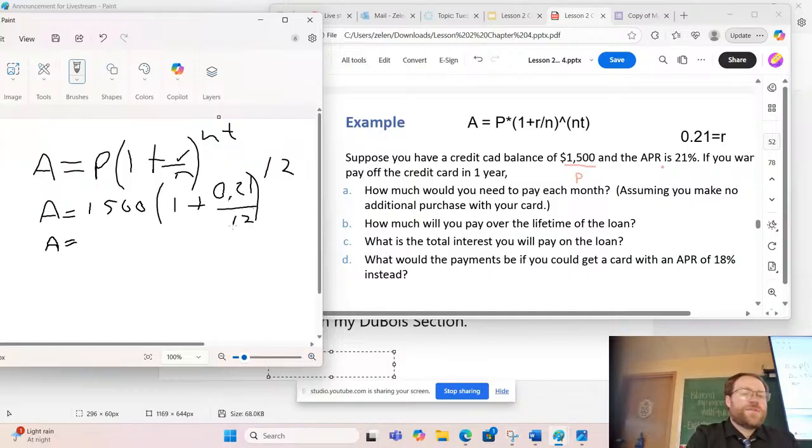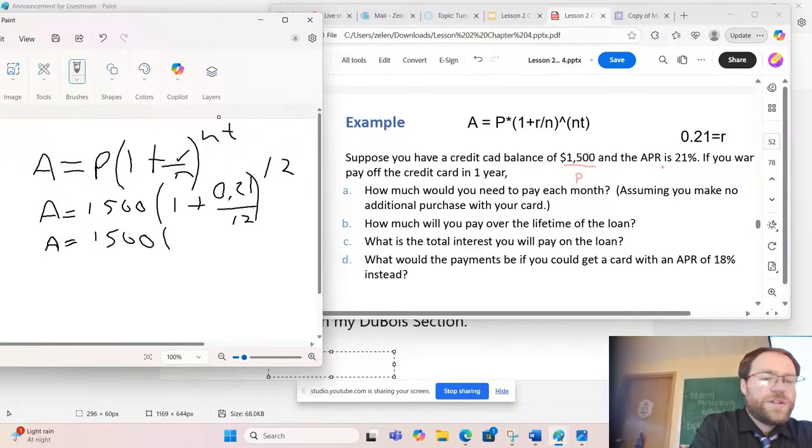And with the calculator, it's always good to do the parentheses first. So 0.21 divided by 12 plus 1 should give us 1.0175, it looks like, all raised to the 12th power.